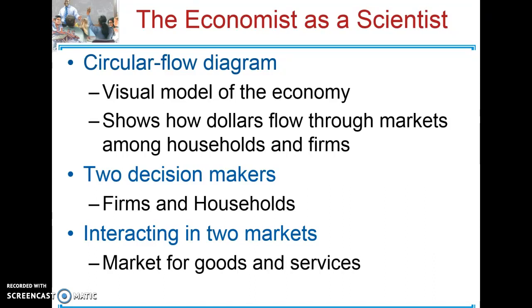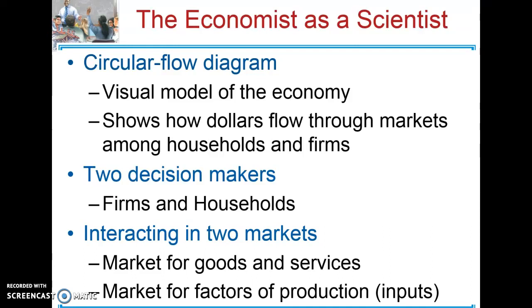The two different markets are the market for goods and services, in other words, the stuff that you and I buy, the shoes that you have on, your backpack, etc. The other market is the market for factors of production. Those are inputs, or things that businesses need in order to produce whatever it is that they're going to offer for sale.